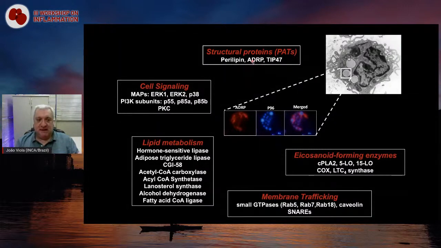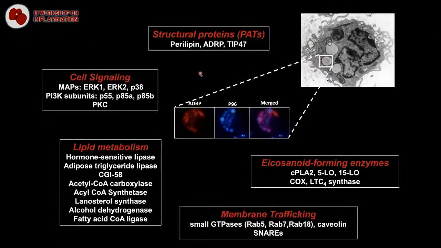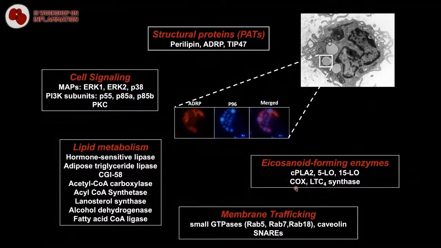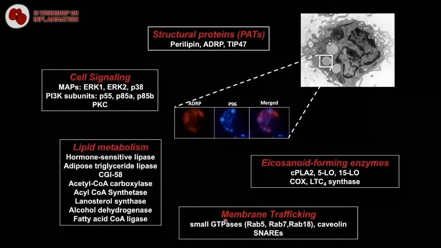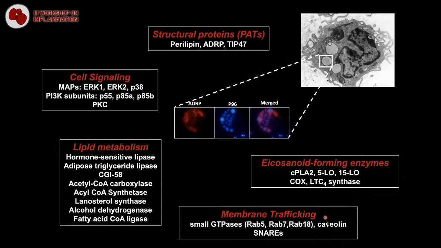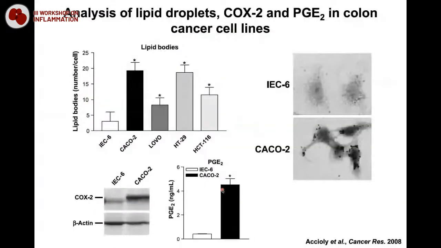However, these lipid droplets also include cell signaling proteins, of course lipid metabolism and eicosanoid-forming enzymes, and here I would like to show you COX-2 included in these. They also present traffic membrane proteins such as small GTPases, caveolin, and others. This makes the lipid droplets a complex organelle that can be involved in cancer development.